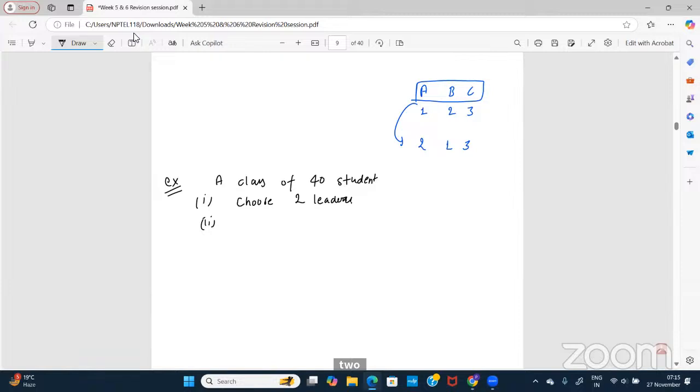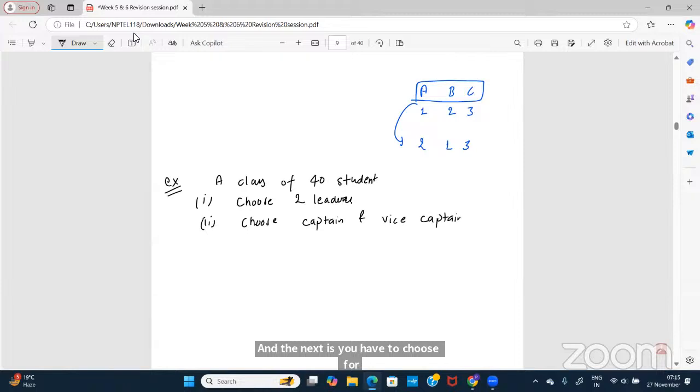And the next is you have to choose the person for the position of captain and for the position of vice captain. This is also a similar kind of question.